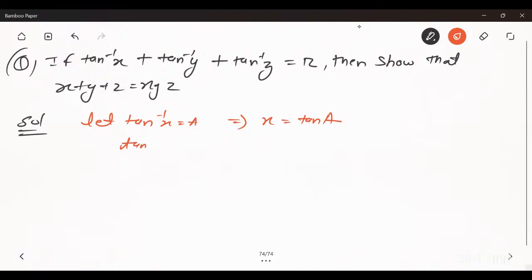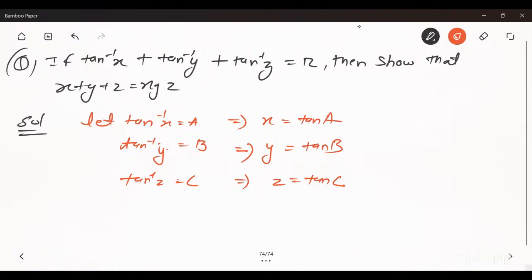Tan inverse y is equal to b. So y is equal to tan b. Tan inverse z equal to c. So z equal to tan c.